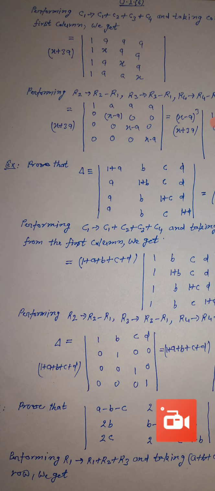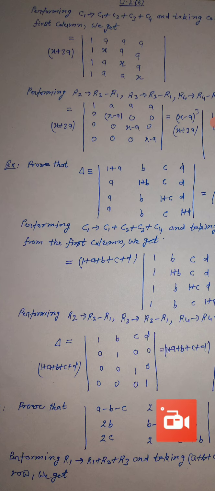So we take x minus a common and expand along first column, we get x minus a cube into x plus 3a multiplied by determinant 1 0 0, 0 1 0, 0 0 1, and this comes out to be x plus 3a into x minus a cube. This is also very simple and you can solve this.